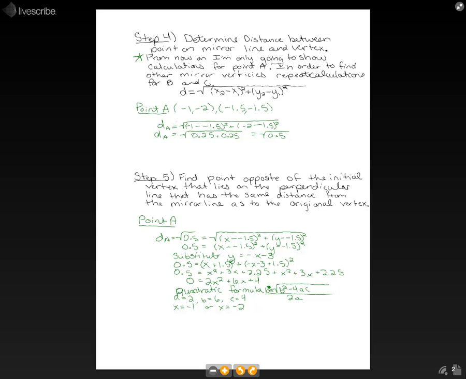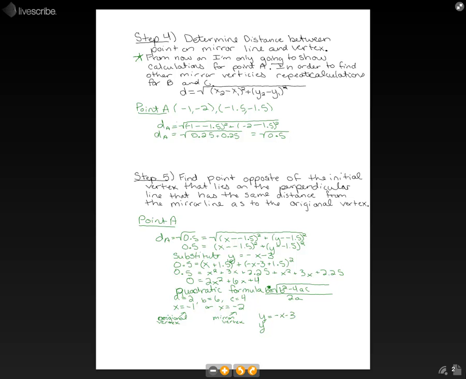Now we have two answers here because there are 2 points on this line that satisfy that. One is our original vertex and one is our mirror vertex. Well, we know that the negative 1 is going to be the one for our original vertex. So negative 2 is going to be the x-coordinate of our mirror vertex. So whenever we substitute this into our equation, we have y equals negative x minus 3.